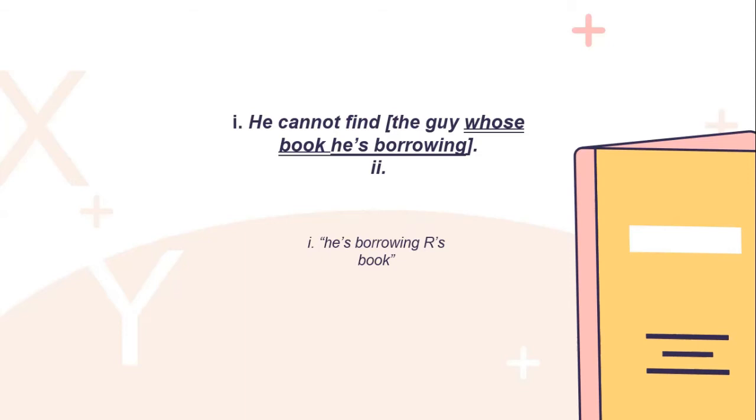Yeah. And also here we can see the normal declarative sentence is "he is borrowing his book." So the R... okay, see the head noun here, the antecedent is "the guy" here, not "he" at the beginning of the sentence, because "whose book" here is modifying "the guy."